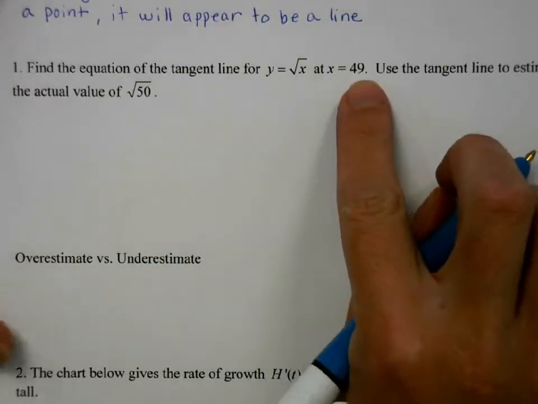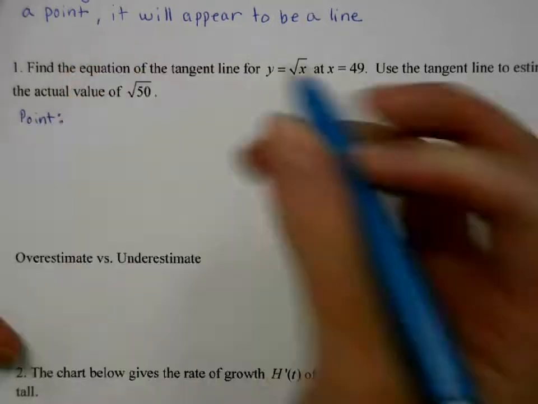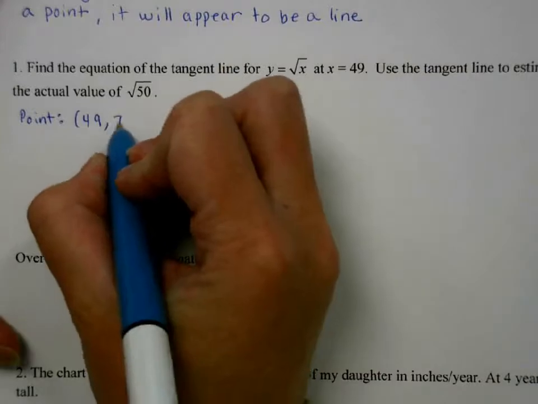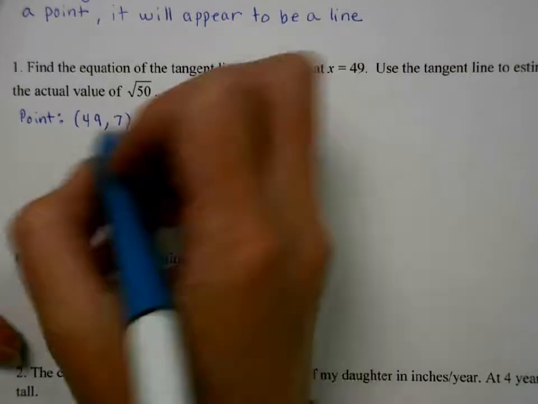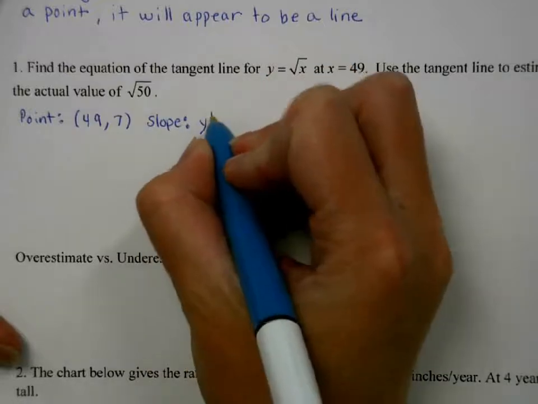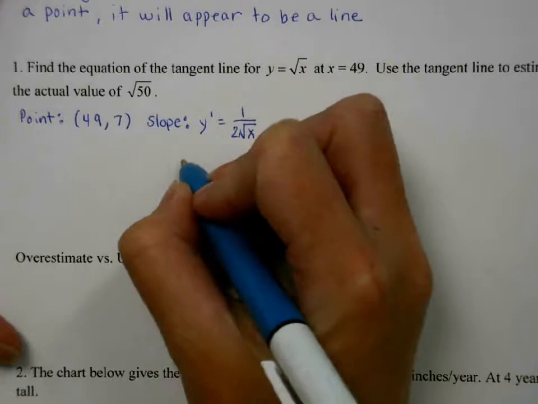Okay, so anytime we want the equation of a tangent line, we need a point and a slope. So the point is going to be 49 and the square root of 49, 7. The slope, y prime, is going to be 1 over 2 root x.